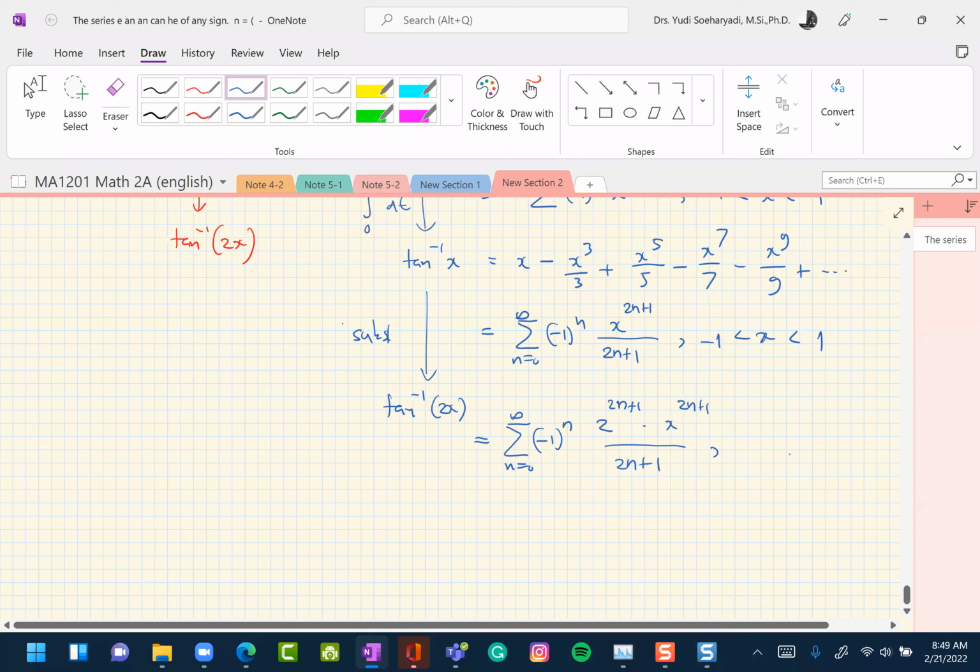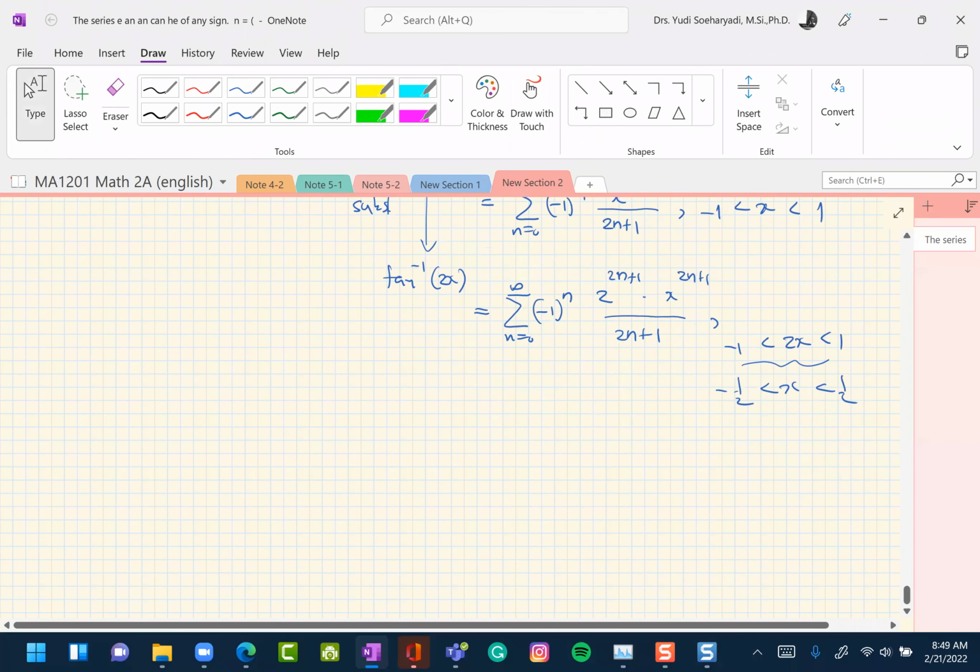But this is true for 2x between -1 and 1. That means x between -1/2 and 1/2. Okay, so the convergence set is this one.